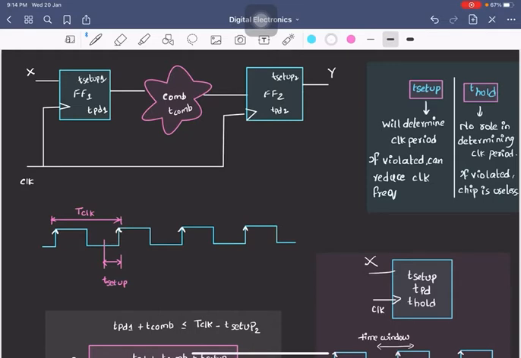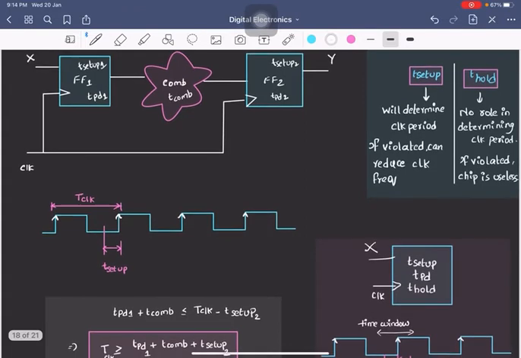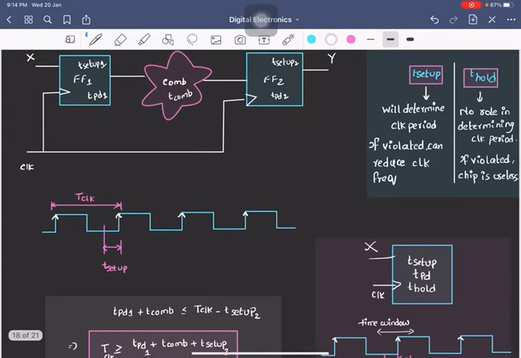Now we are concentrating on flip-flop 2. You should concentrate on flip-flop 2 in order to determine the clock period, because the input applied here traverses along this path, through the combinational circuit present here, and appears at the flip-flop.